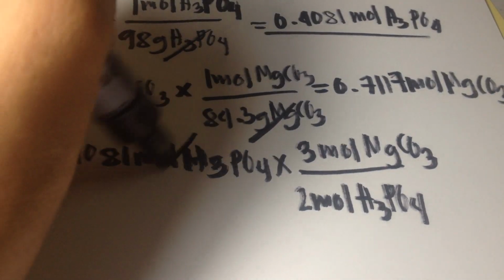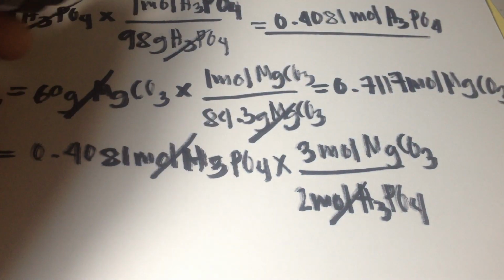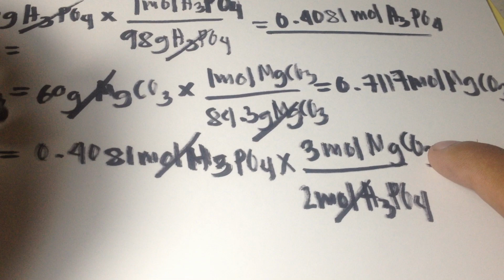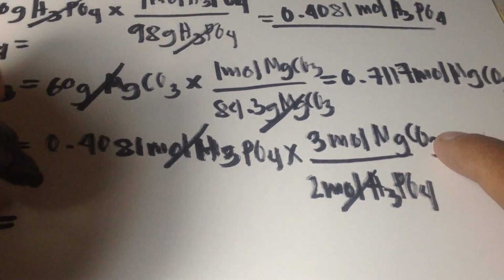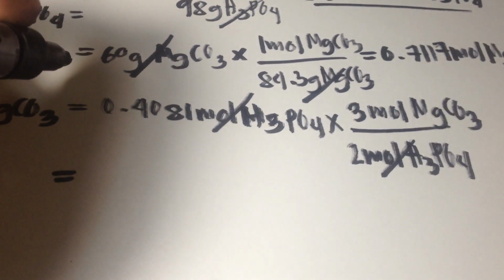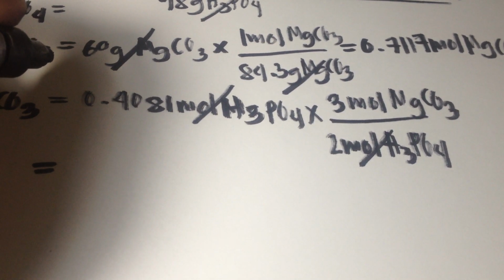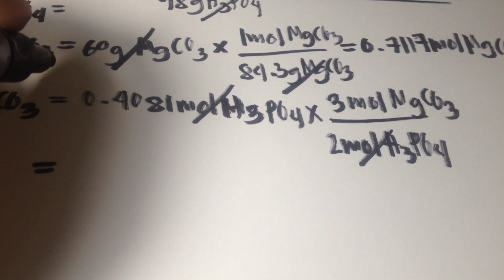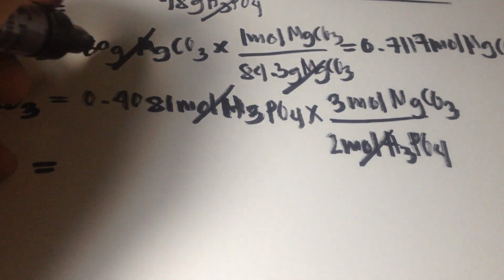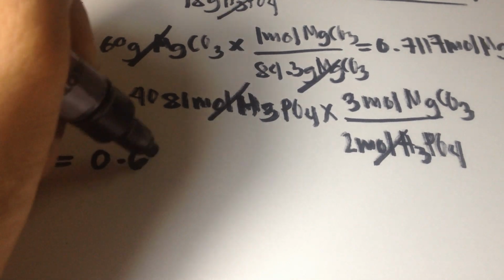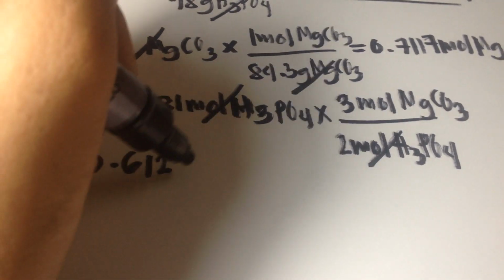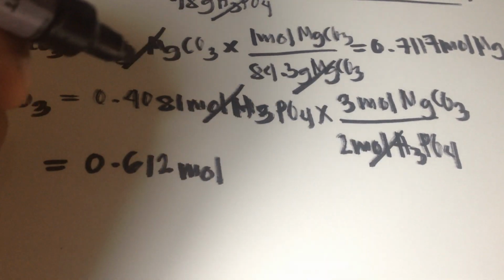So you cancel out the moles of phosphoric acid, and what is left is the moles of magnesium carbonate. So equals 0.4081 times 3/2 equals 0.612 moles of magnesium carbonate.